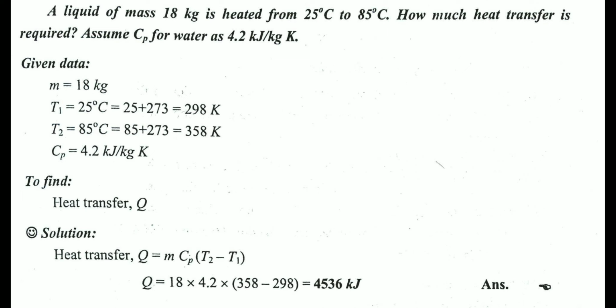So I got T1 as 298 Kelvin, T2 as 358 Kelvin, because while substituting in the formula we have to use only the Kelvin scale. Mass is in kilogram, Cp is in kilojoule per kilogram Kelvin, and with the temperature difference I got the answer as 4536 kilojoule.